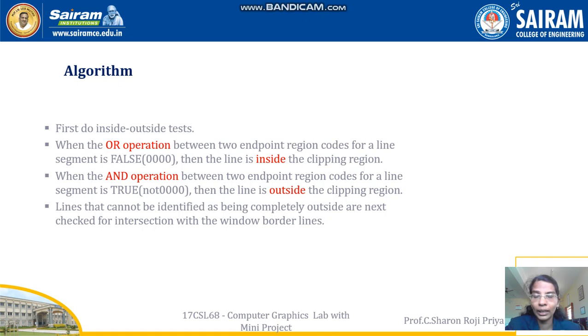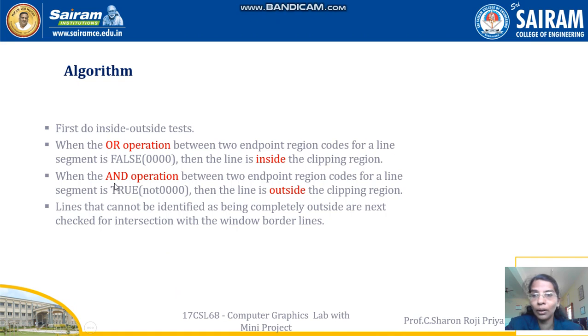And if I get the answer as 0, 0, 0, 0, that shows my line is inside my clipping window. Right, so the OR operation between the endpoints for a line segment is false. That is, if I get 4 zeros, it shows the line is inside my clipping region, and the line should be made visible.